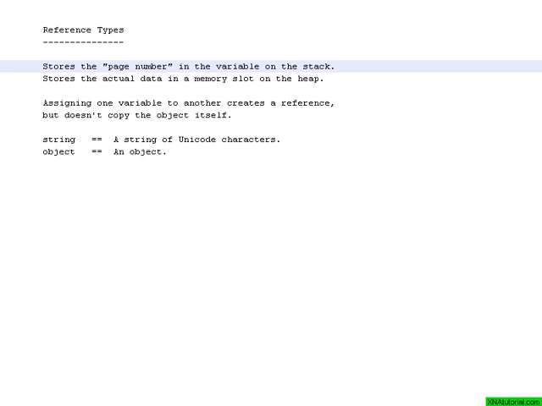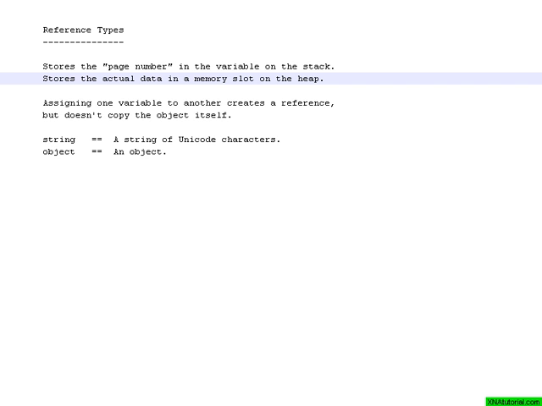That's why it's called a reference type, or a page number. If you consider the memory slot being a page in a book, then it stores the page number on the stack. So it goes pretty fast to access that page number. And when you need to access the data, of course, you still need to resolve that reference from the page number to go and find it on the heap.